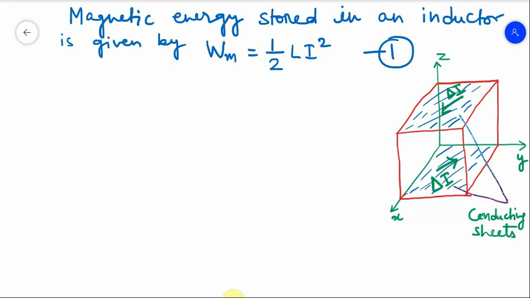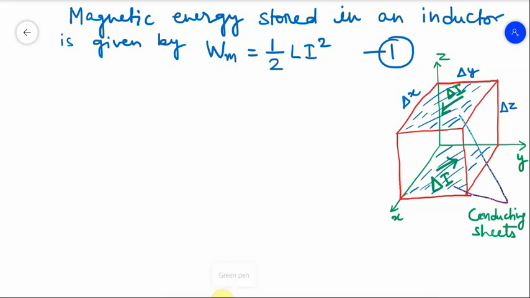This dimension is along the x-axis, so we represent it as del x. This dimension is along the y-axis, so del y. And this dimension is along the z-axis, so let this be del z. So the volume will be del x, del y and del z. This is the differential volume.